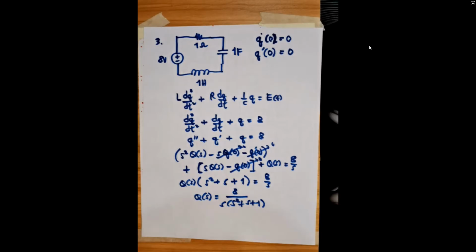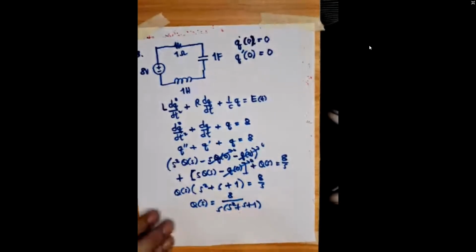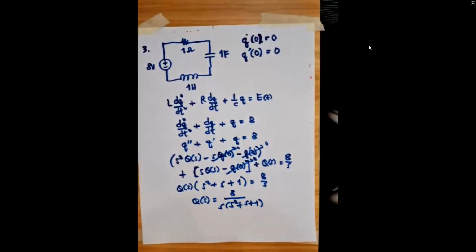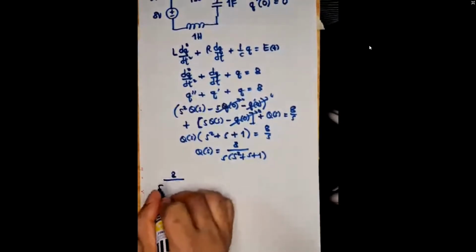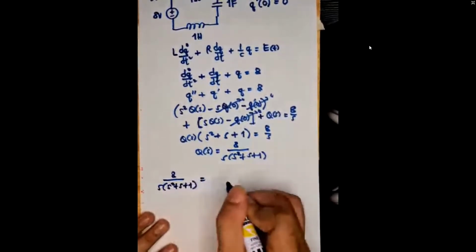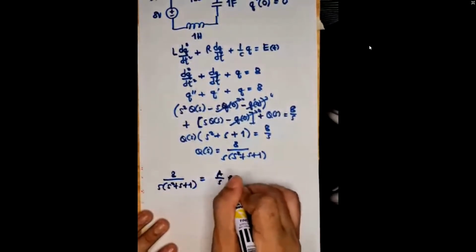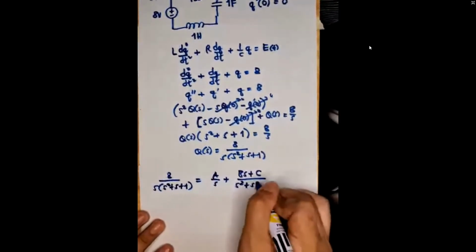Okay. So, hindi siya factorable. So, that means maki-case 3 tayo. Yung may quadratic. Okay, kung maki-case 3 tayo, so that will be 8 over s times (s squared plus s plus 1) is equal to A over s plus (Bs plus C) over (s squared plus s plus 1).